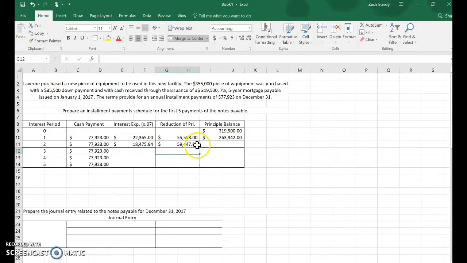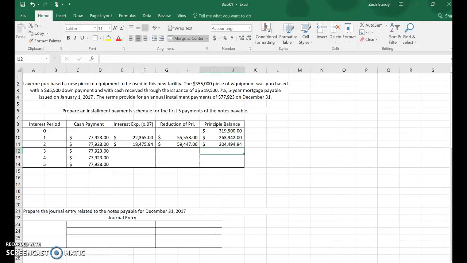So this is what we're paying towards the principal, and then we're just going to take the principal from what we owed at the beginning of this year minus what we paid towards the principal. That's going to get us our new principal.